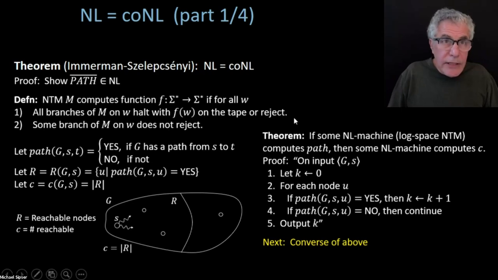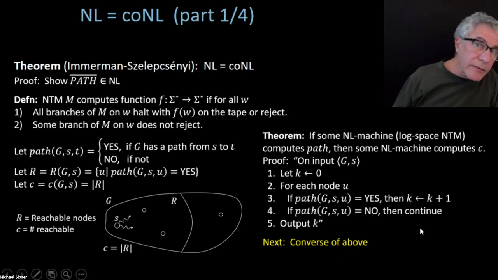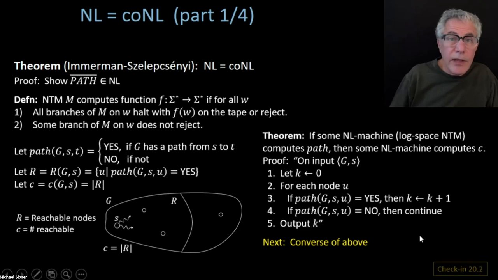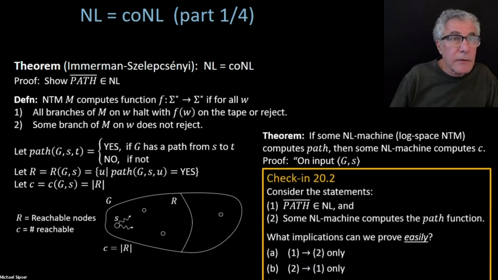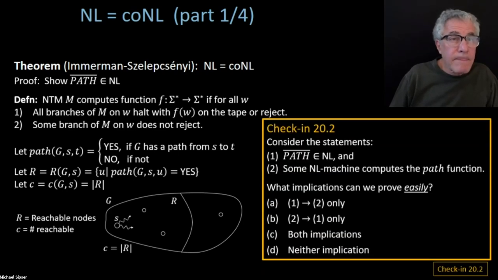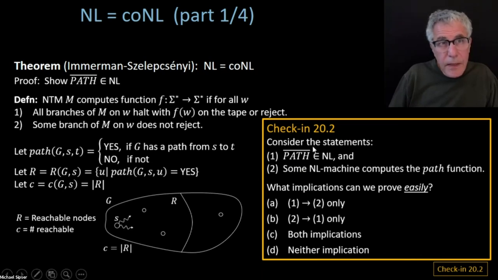But what I'm more worried about is that you understand this theorem here. I think we have a check-in coming. Okay, this might be helpful. So consider the statement that path complement is NL. That's what we're trying to prove. And also that some NL machine can compute the path function.